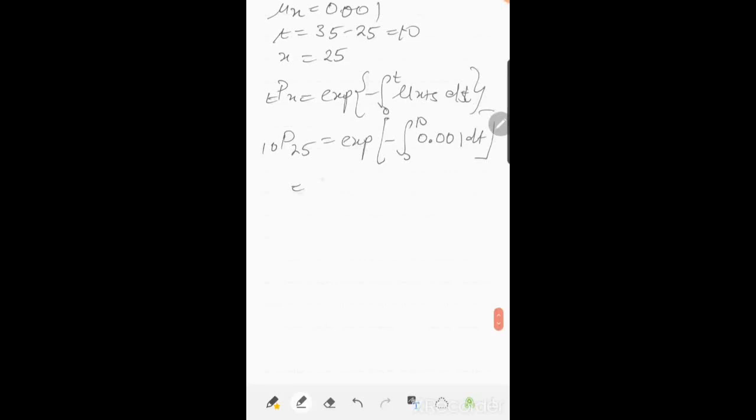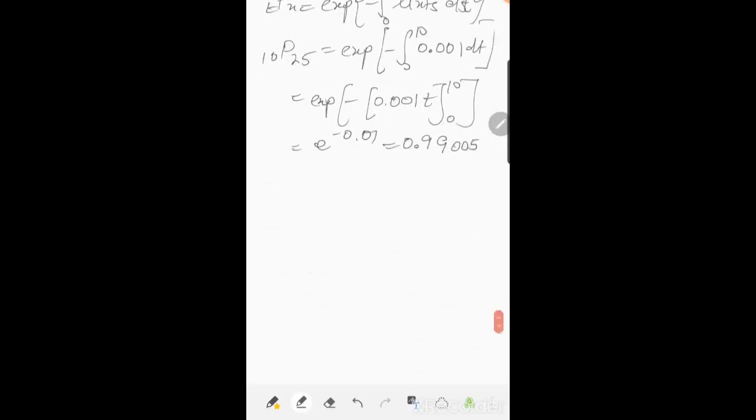If you integrate that, you get e to the negative 0.001 t, with limits 0 to 10. If you simplify that, you get e to the negative 0.01, which is just the same as 0.99005. So this is how you apply that formula.